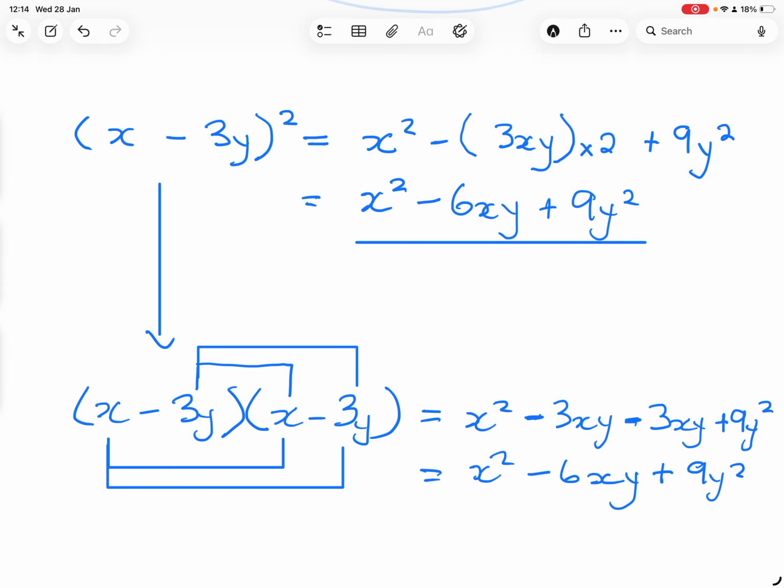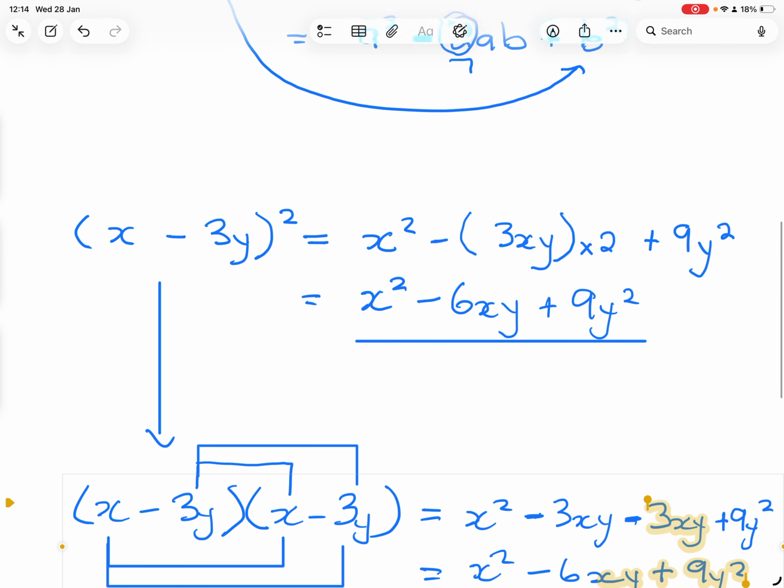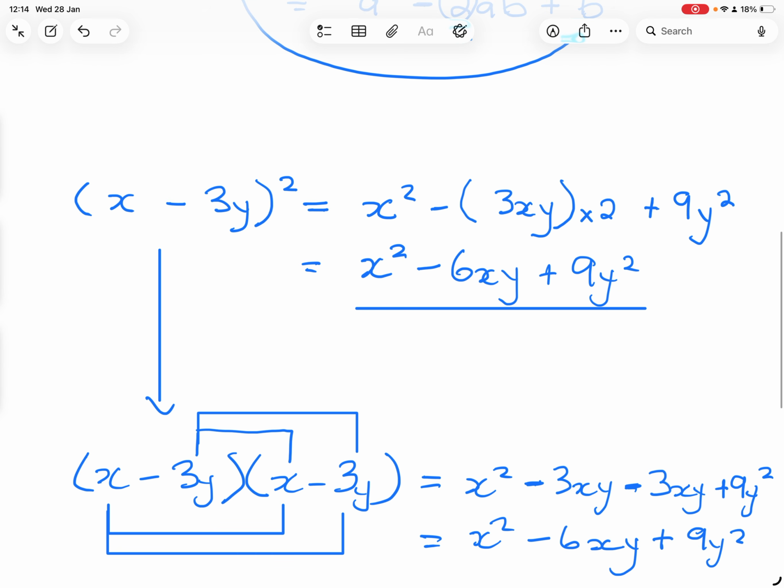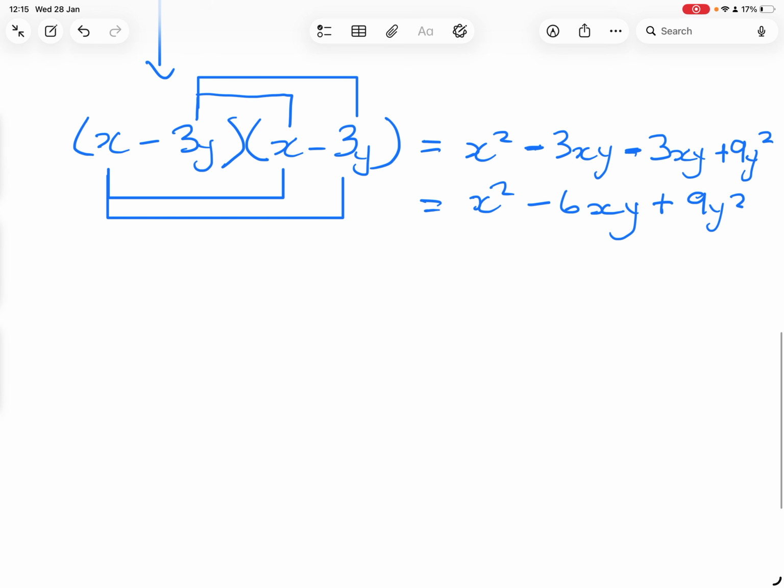So in summary, whenever you're squaring a binomial, all you simply do is take the square of the first term, and then you take the square of the last term. But for the middle term, you take the product of the two terms and multiply them by 2.